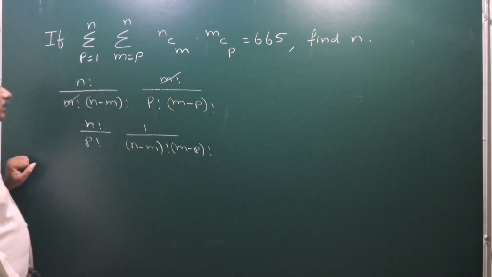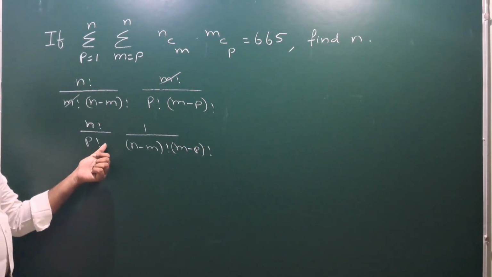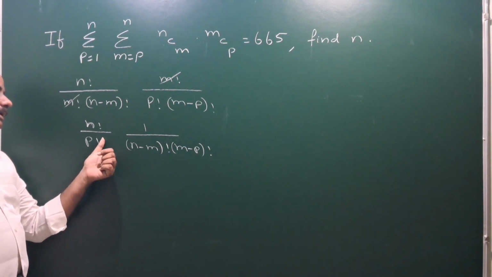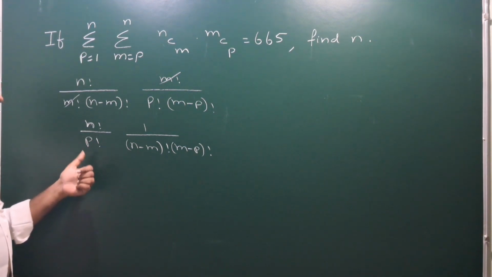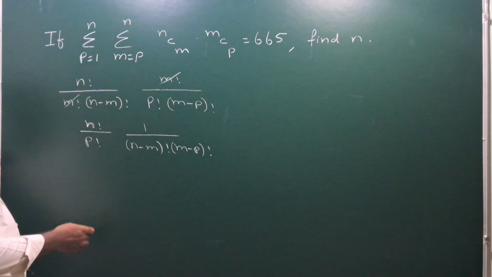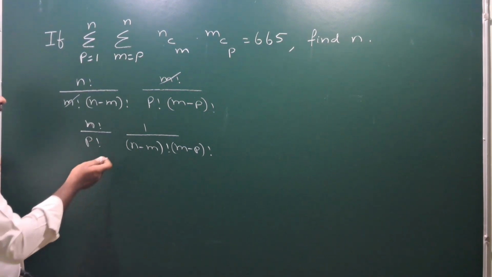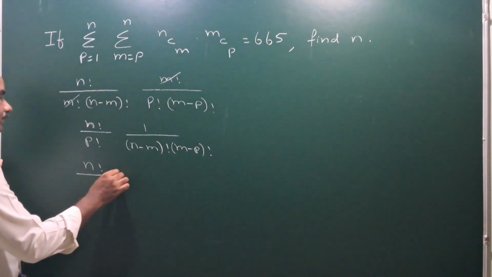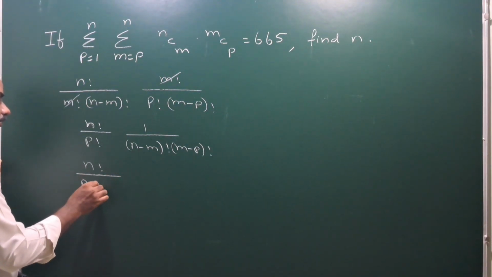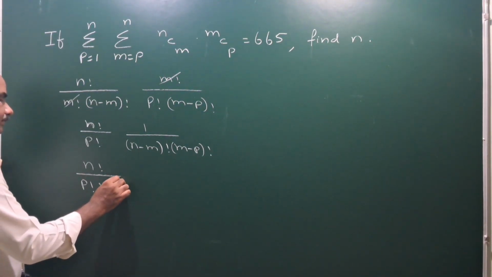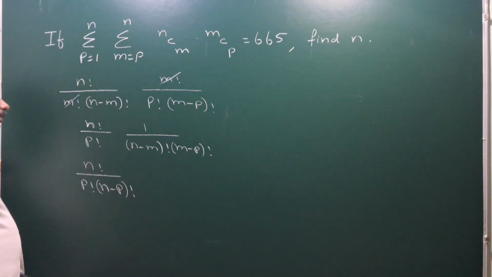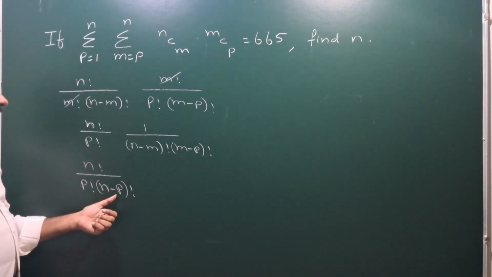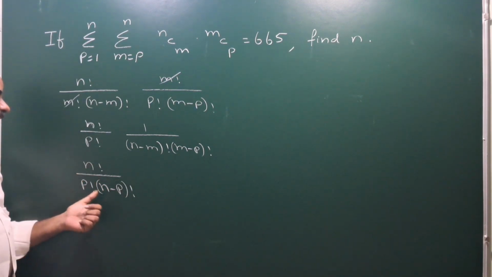Okay, so if n minus p factorial is here, then we can write it as nCp. So for that purpose, we have to multiply the numerator and denominator with n minus p factorial. So let us see: n factorial by p factorial into n minus p factorial. If n minus p factorial is there, then it is nothing but nCp.